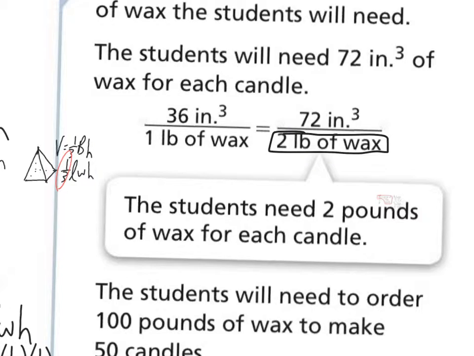If we were working this out, we'd put X there, or you put a blank there, and then you could figure out going from 36 to 72, it'd be multiplying by 2. Okay, 72 divided by 36 is 2. So then to get something proportional, multiply the denominator by 2. That would mean 2 pounds of wax for each candle.